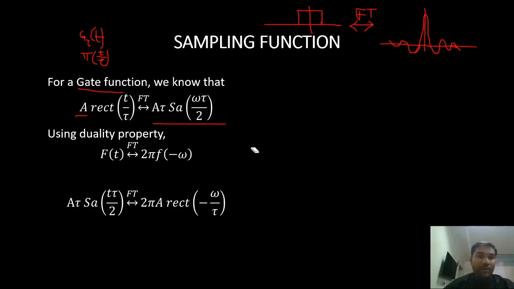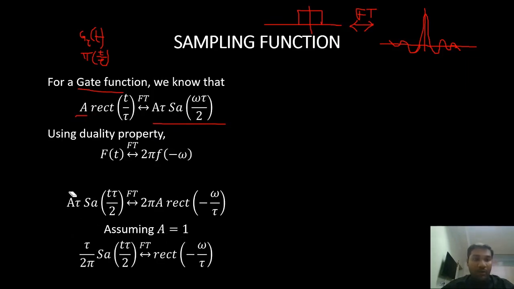Now, what is my aim? I have to find the Fourier transform for the sampling function, sampling of t. So let us continue further. I will assume a is equal to 1. So tau sampling t tau by 2 has the Fourier transform 2 pi into rectangle of minus omega by tau. This 2 pi I will get to the other side. It is tau by 2 pi on the left hand side.